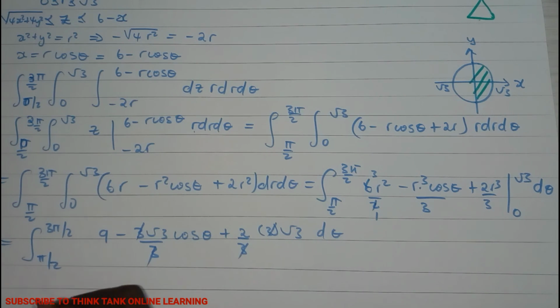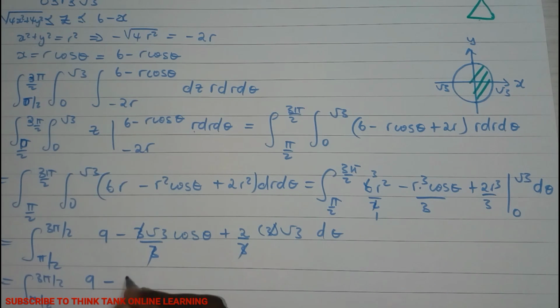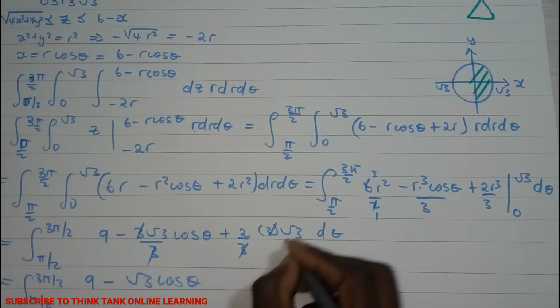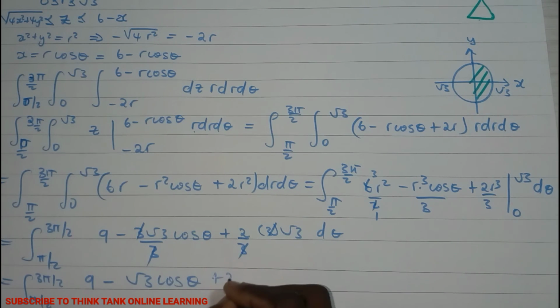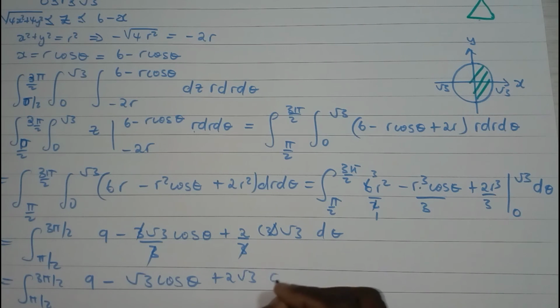Now from pi upon 2 to 3 pi upon 2, we have 9 minus root 3 cos theta plus 2 root 3, d theta. If we integrate with respect to theta, we have 9 theta.